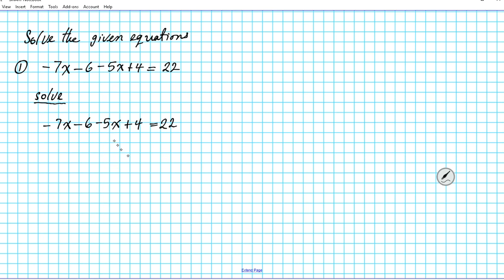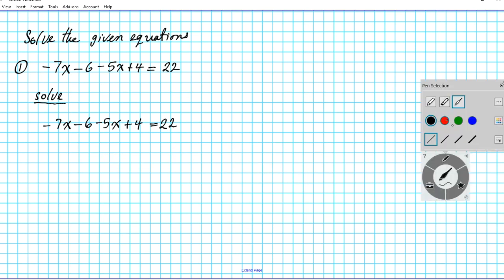We'll then move the constant to the right side, and then if x, the variable, has a coefficient that's not 1, we're going to divide by that coefficient, and that will result in the isolation of x. Okay? Alright, so let's start with the first step, which is to combine like terms.